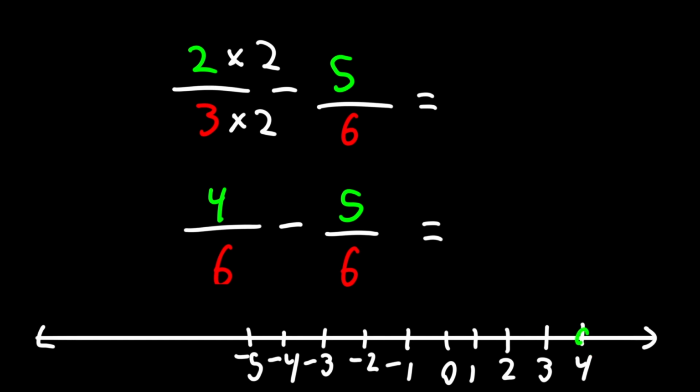So we're going to start at 4, and then we have to subtract 5. So we're going to go down 5 times. 1, 2, 3, 4, 5. And notice how we land at negative 1. So that means the numerator is going to be negative 1 over 6.